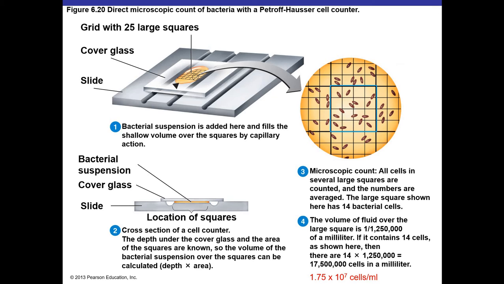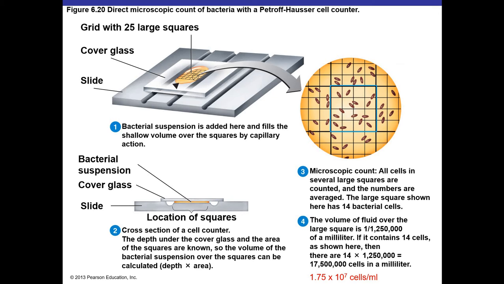So if you're doing a microscopic count, you're going to have these squares that are going to help you keep track of things. So for the microscopic count, you're going to count the cells that are in this large square. The large square in the picture there is outlined in blue, and you can see that it has 16 squares, 4 across and 4 down.